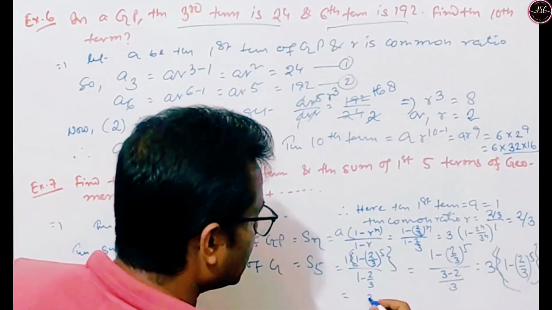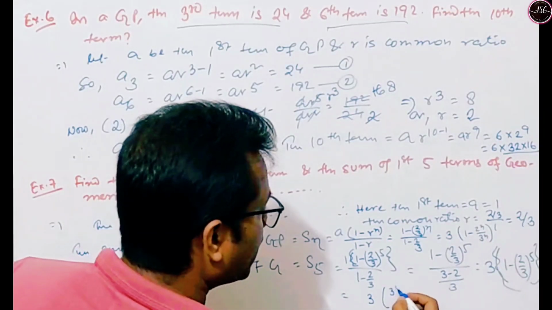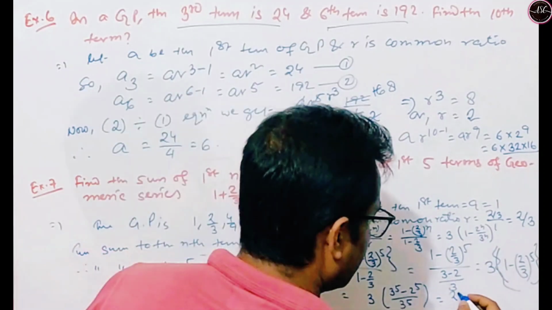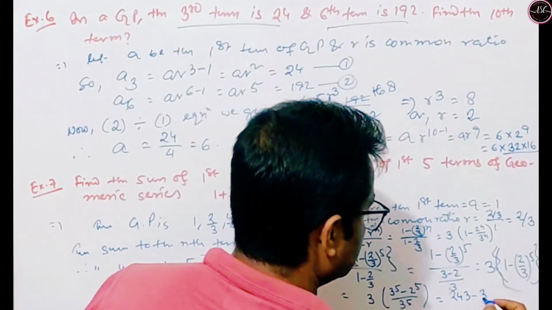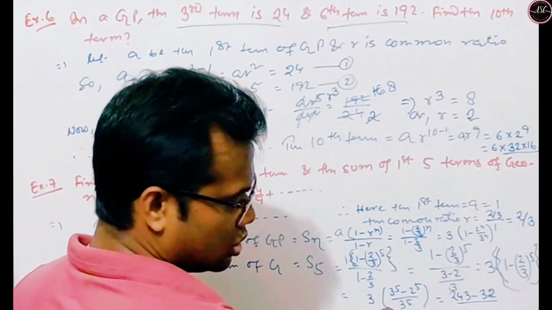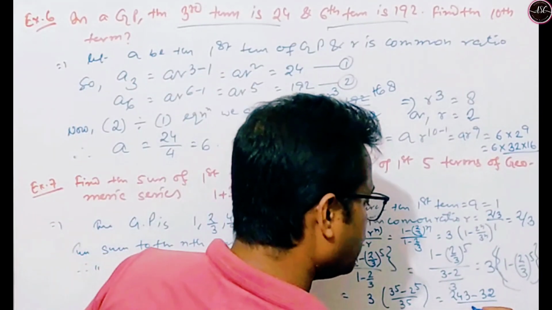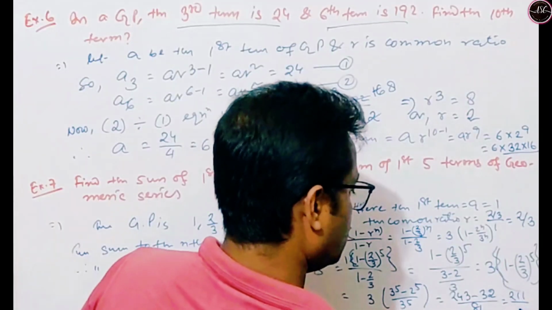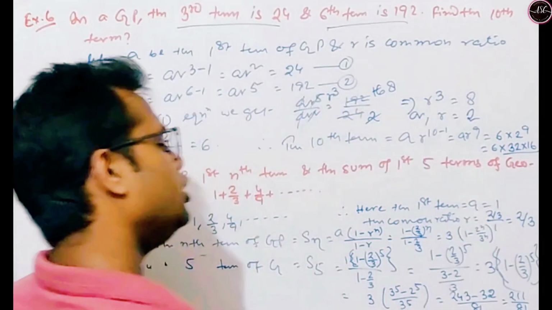So this will be 3 into (3 to the power 5 minus 2 to the power 5) divided by 3 to the power 5. Here 3 to the power 5 divided by 3 is 3 to the power 4, that means 81. So 211 divided by 81 will be your answer.